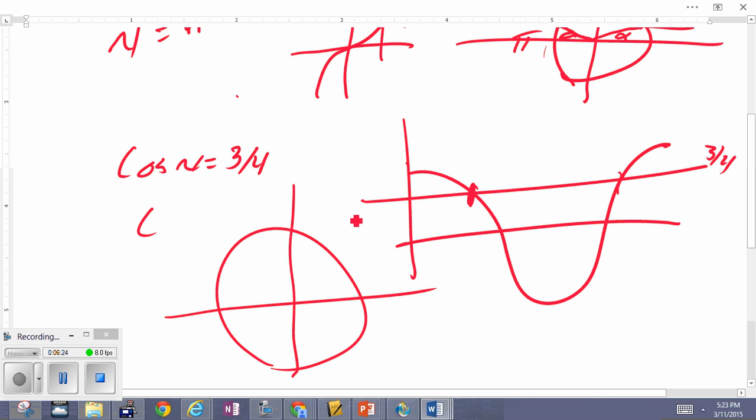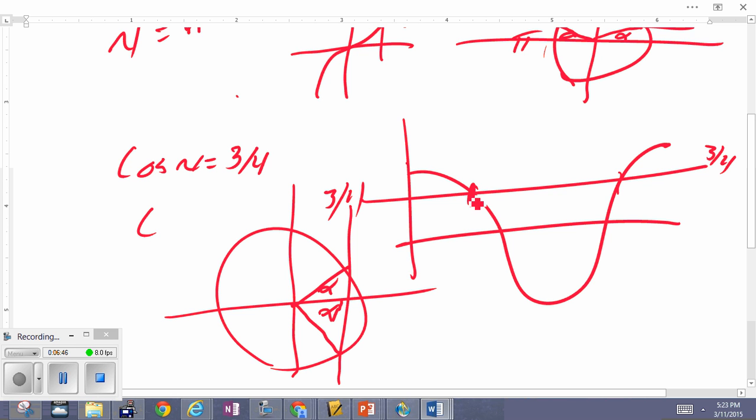If the x value is, in this case, 3/4, then we know this is the one angle, and the other angle is going to be down here, which is going to be alpha or beta or whatever you want to call it, short of 2 pi.